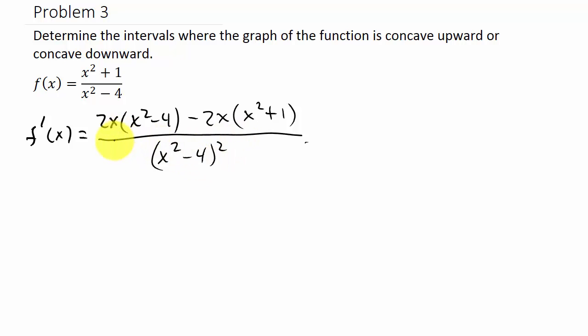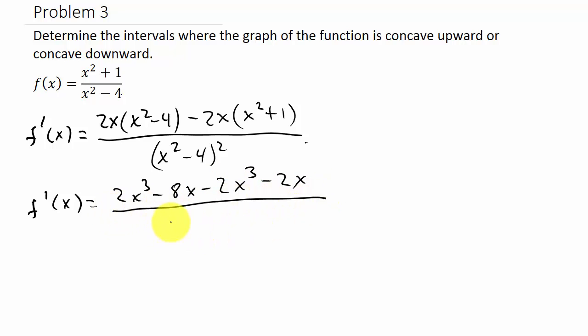And so what we'll do here is distribute the 2x. So f prime of x is equal to, let's see, 2x cubed minus 8x minus 2x cubed minus 2x over x squared minus 4 squared.